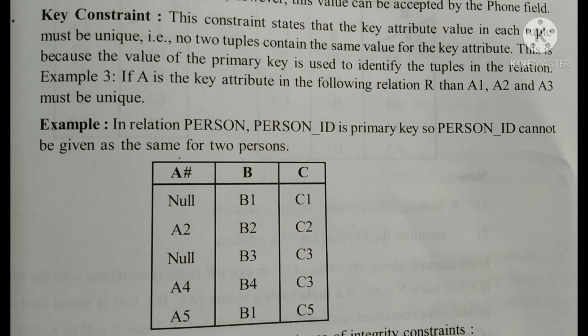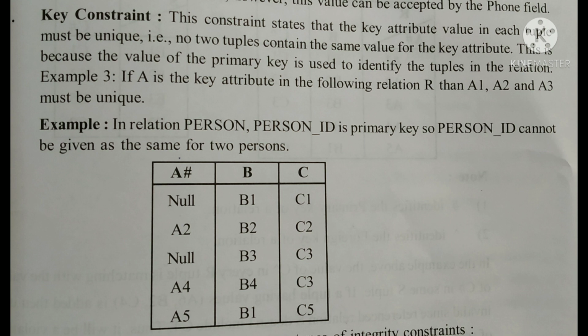In this case, you can give phone numbers such as 040, and the values can be accepted by the phone field. These are domain constraints on atomic phone numbers.